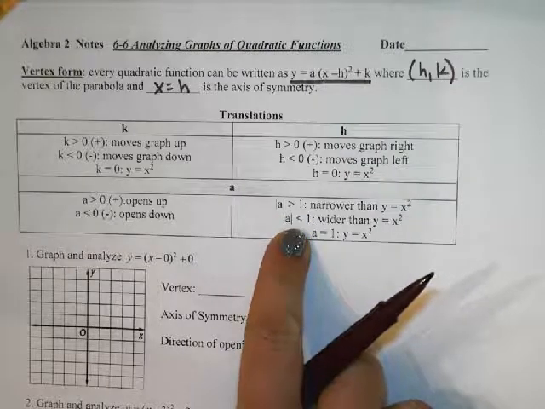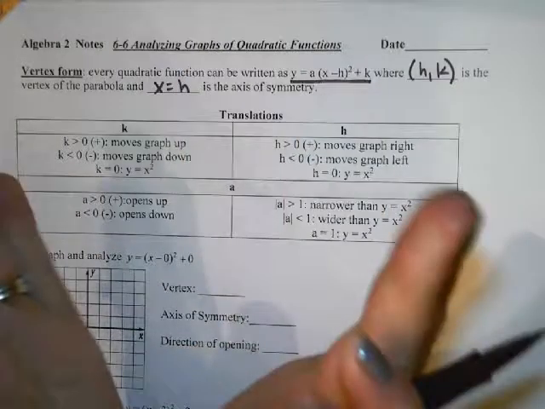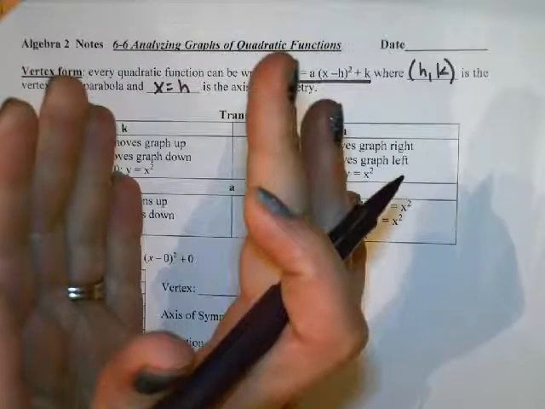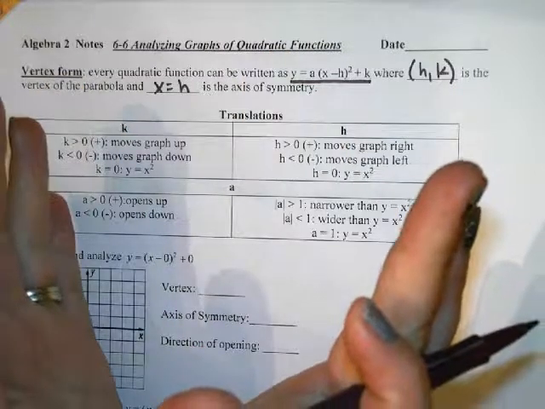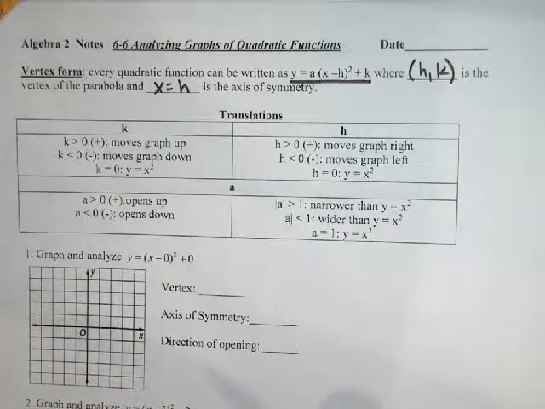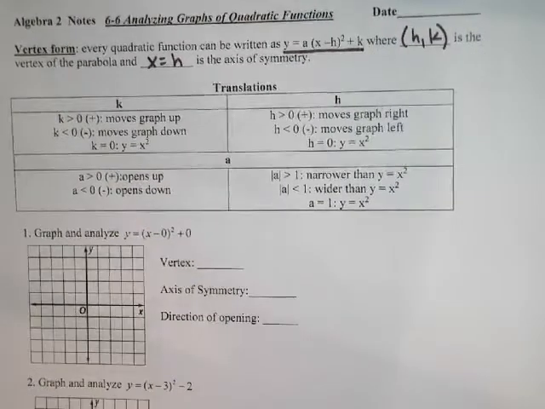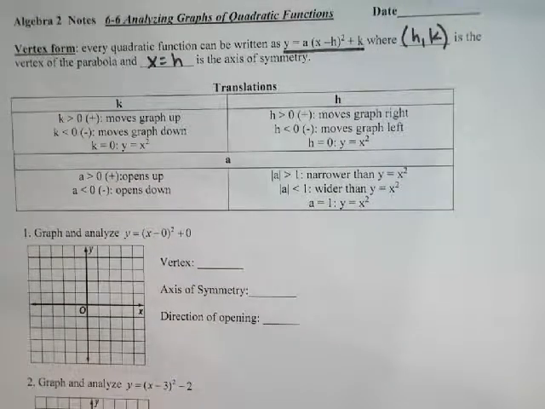If it's a fraction smaller than 1, it's going to be fat. So think of the a value as changing our slope. Does that make sense? That's a whole lot. I'm not going to ask you to memorize what k does if it's negative, that sort of thing.